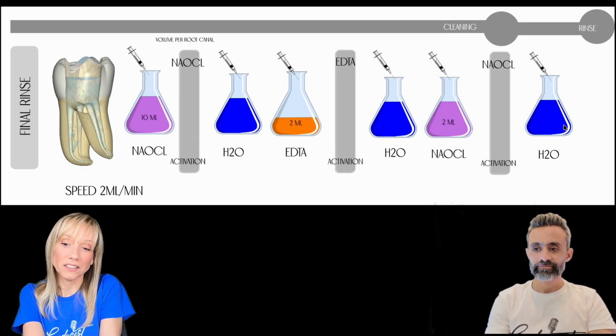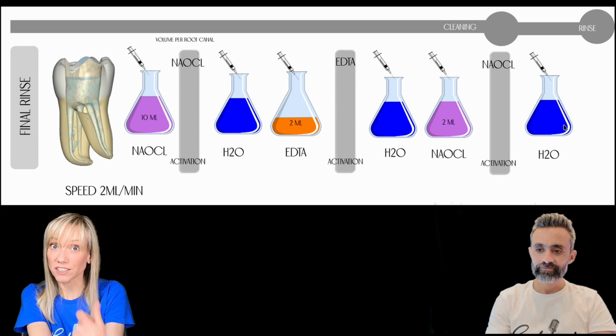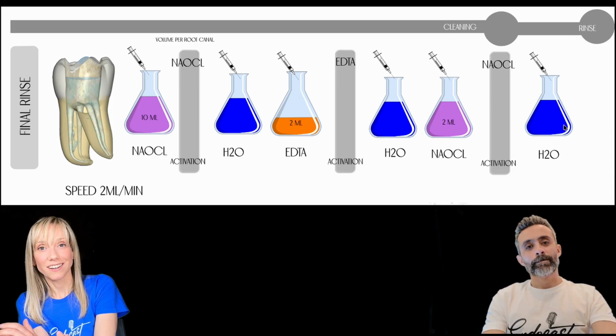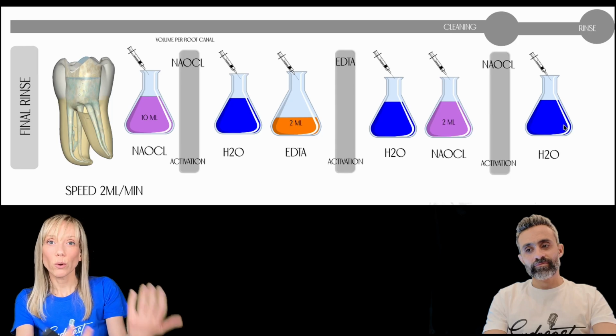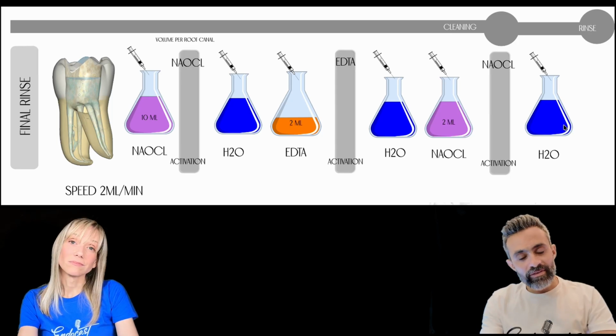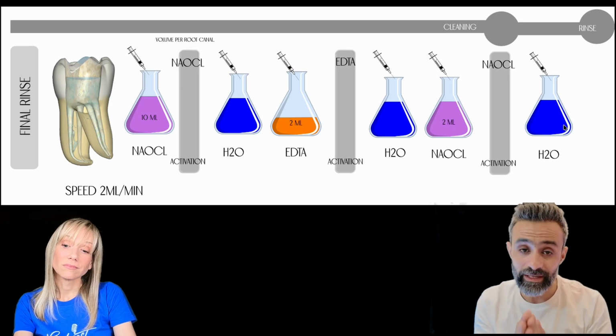It's going to be more effective. So why not? We can do this again. And last, since we don't want any chemical interaction between our sealer and our irrigant, we wash everything away with some distilled water. I think this is the real takeaway.